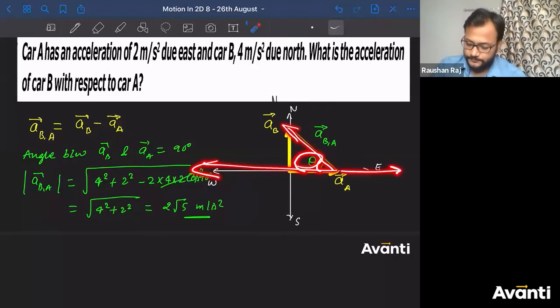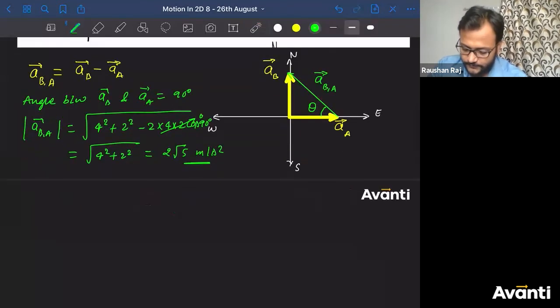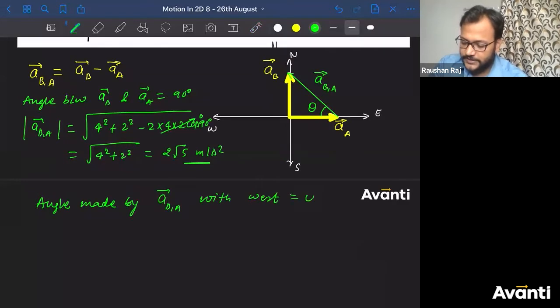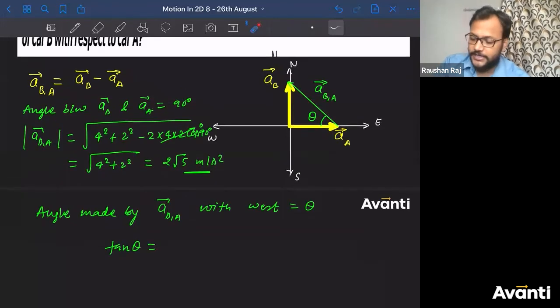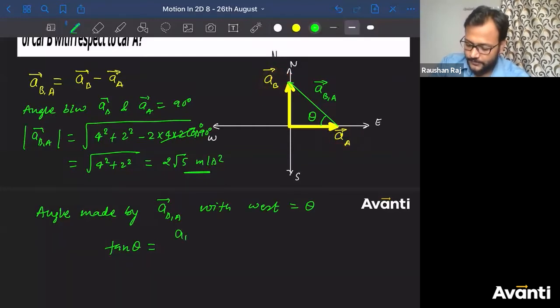All right. So the angle made by AB minus A with west is theta. So I will say here tan theta can be written as, in this right angle triangle, AB divided by A. What is AB? AB is nothing but 4.